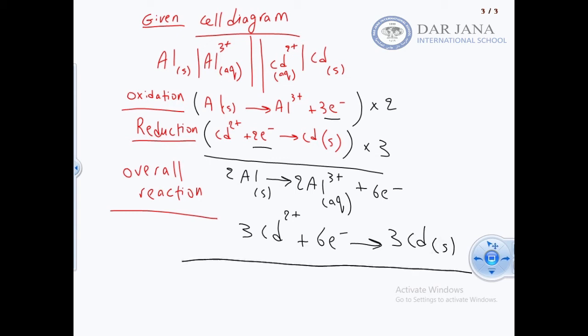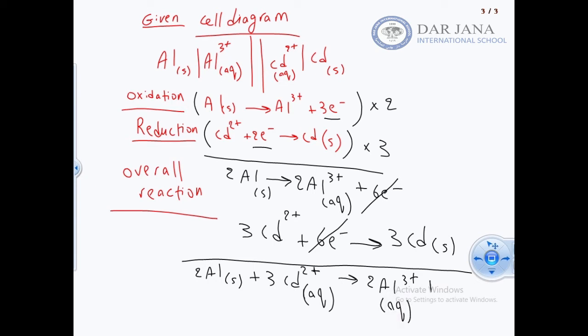So now the 6 electrons and 6 electrons are removed, so we can get 2Al solid plus 3Cd2+ aqueous gives 2Al3+ aqueous plus 3Cd solid.